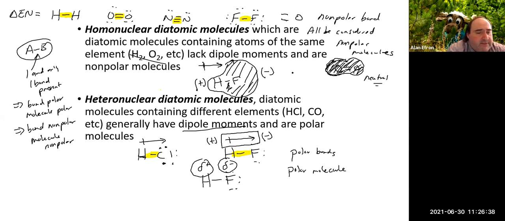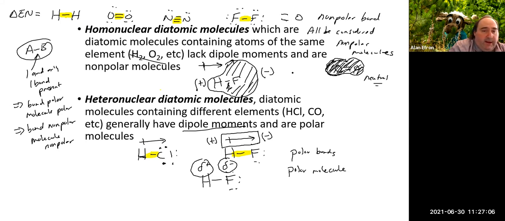It doesn't make a difference in terms of electronegativity values and things like that. But because there is only one bond in it, if you're able to determine that that bond is polar, then you can safely say that that molecule as a whole is going to be polar. And in a diatomic molecule, if you can safely assume that that bond is nonpolar, you can safely assume that the molecule is going to be nonpolar.